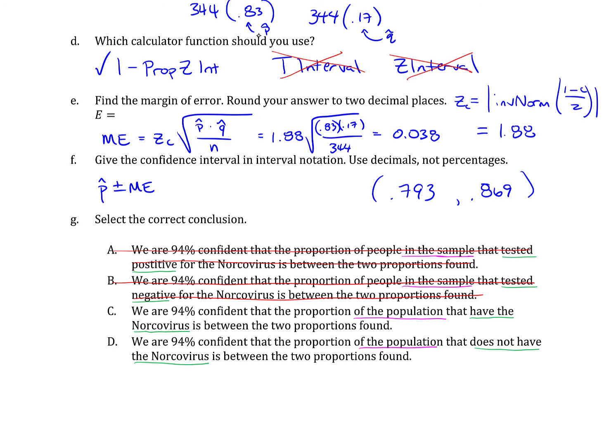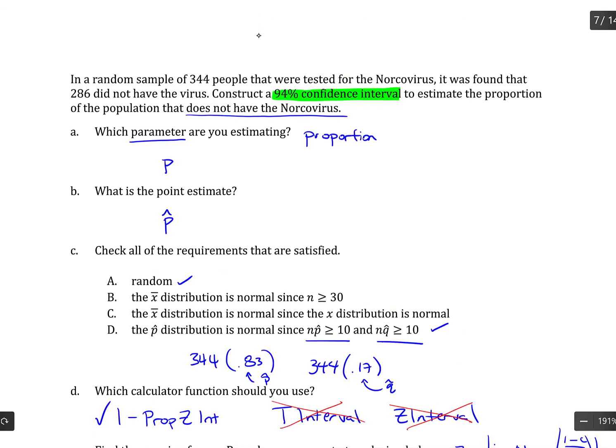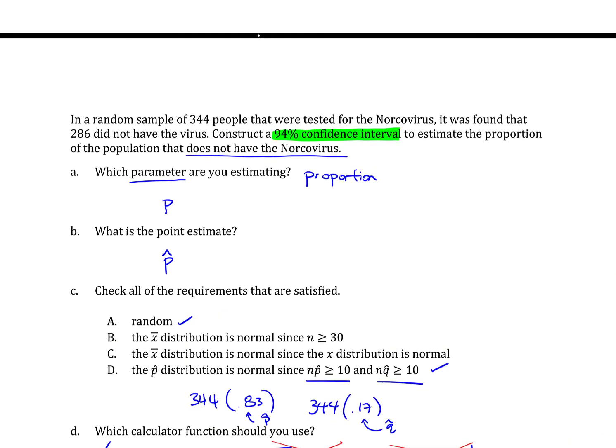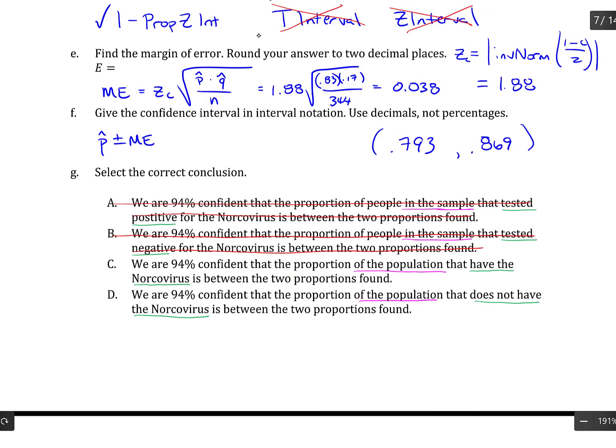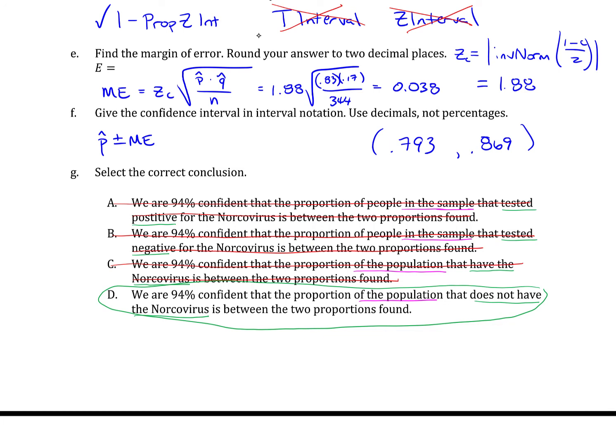Now, whether it's folks that have the Norcovirus or does not have the Norcovirus, we just kind of have to go back to what we said originally right back up here. We're estimating the proportion of the population that does not have it. So that means this one is out. And so our final interpretation would be this right here, that we are 94% confident that the proportion of the population that does not have the Norcovirus is between the two proportions found.